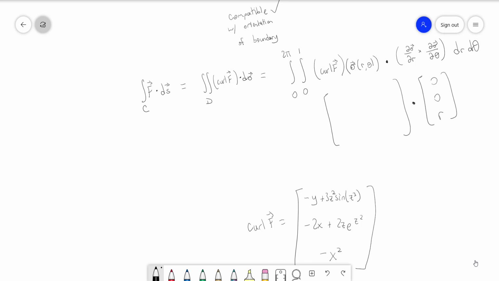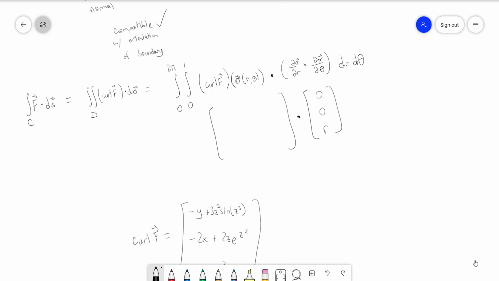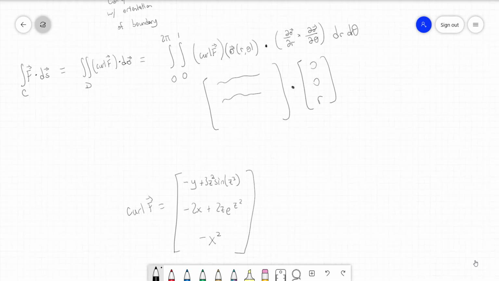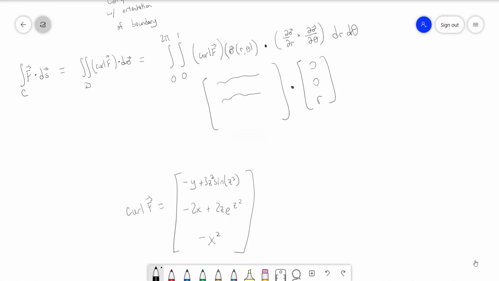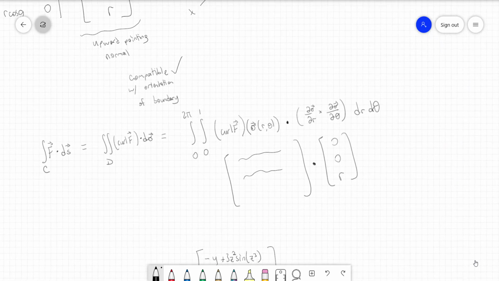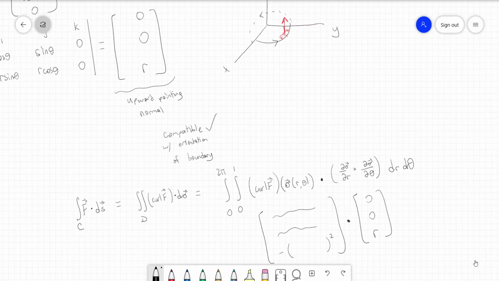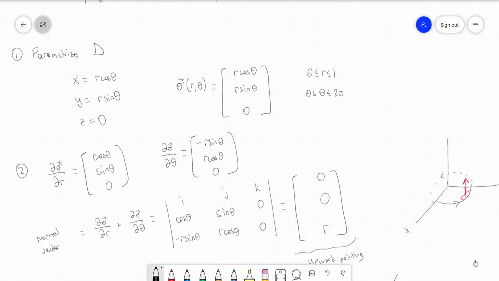Fortunately, the x and y components were really nasty, but when we do the dot product, we multiply them by 0, so they don't matter. The z component was minus x squared. Since we're evaluating the curl along our parameterization, instead of minus x squared, we plug in for x from our parameterization. X is r cosine theta.